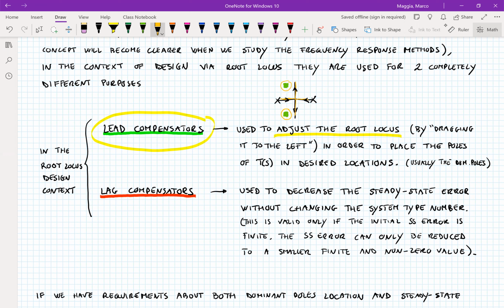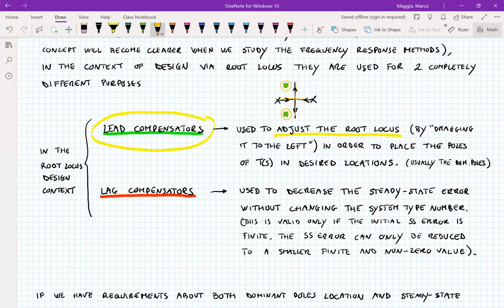We can bend the root locus in order for it to pass through the desired location of the dominant poles of our closed loop transfer function. So let me repeat once again. The lead compensator is used to modify the uncompensated root locus so that it will pass through a certain location that we want.